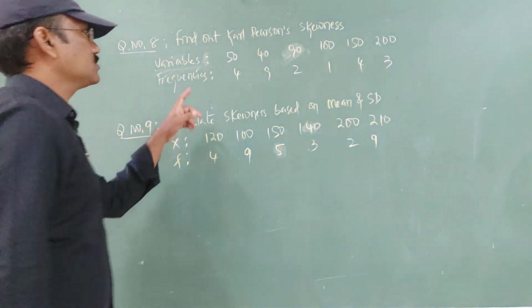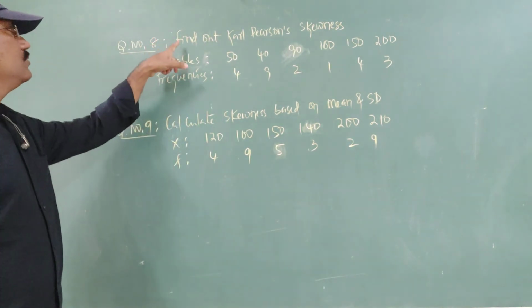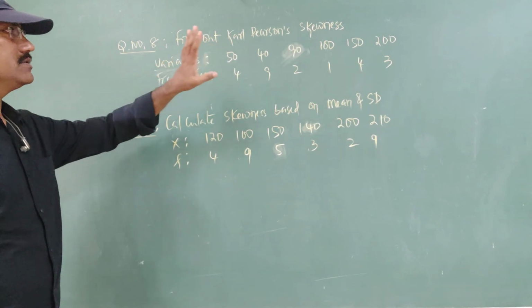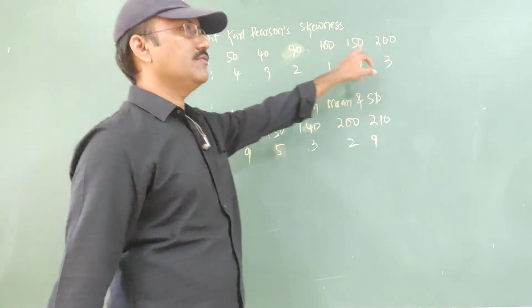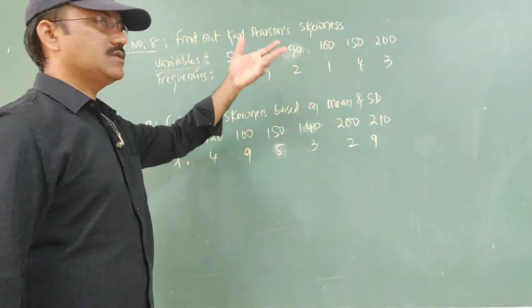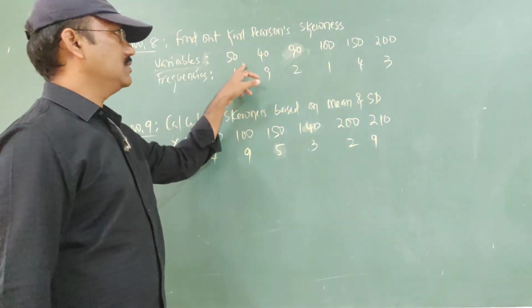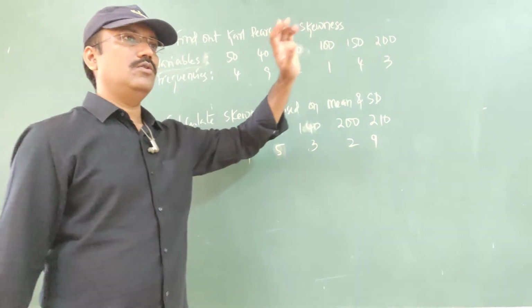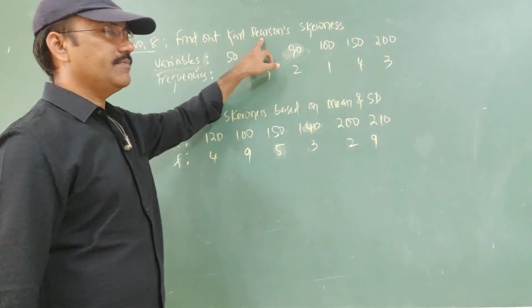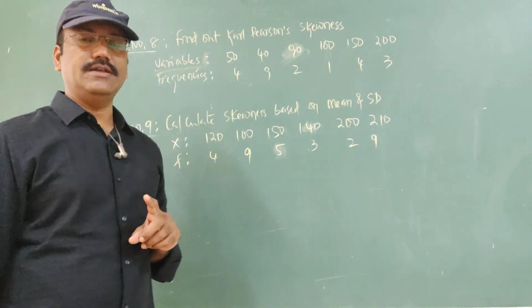If you see question number 8, it is like this. Find out the Karl Pearson's skewness, variables 50, 40, 90, 100, 150, 200. These variables are not in arranged form, and there is no need of arranging for this case. You need to find the mean, that is f into x.